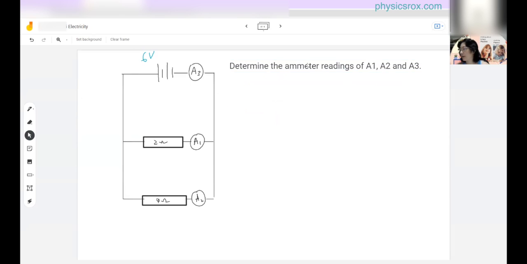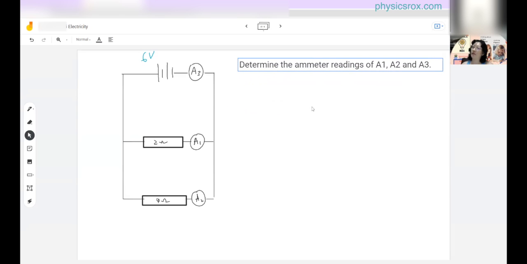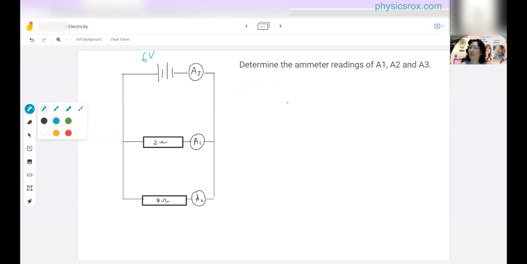So how to solve? Again, let's recall what we know. The current flowing out here was split into two, say I1 and I2, and then joins back together to become I. So that means if we can find A1 and A2, you can find A3. How to find A1?